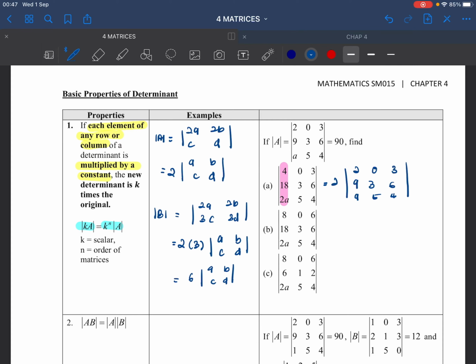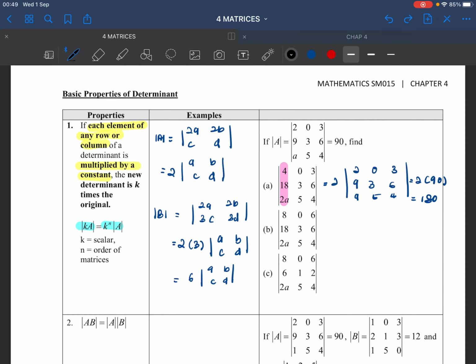Kalau kita factorizekan 2, kolom yang belakang ni tak terjejas pun sebab kita factorizekan 2 dekat first column of our determinant. So now we know that this is the same as this, which is determinant of this is 90. So we can straight away put 2 times 90 is equals to 180.